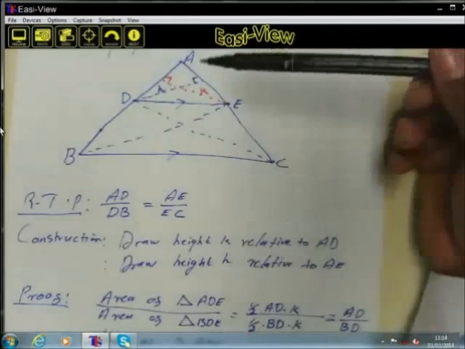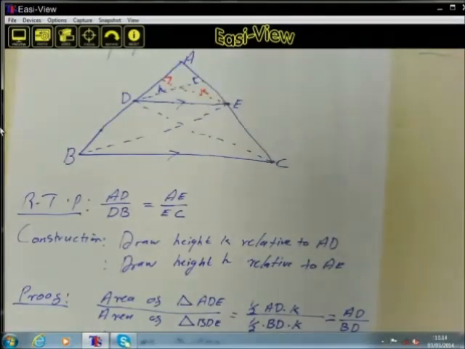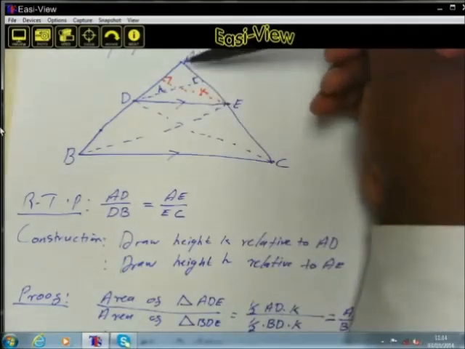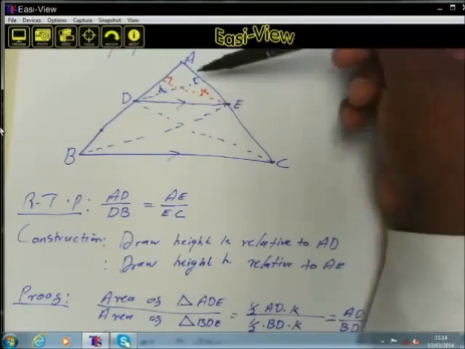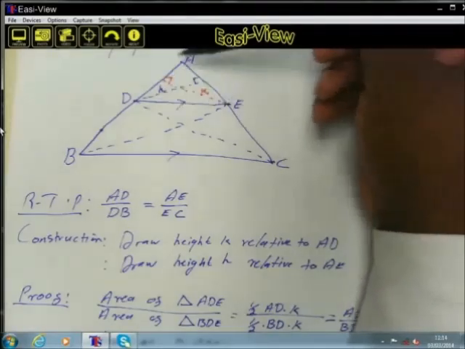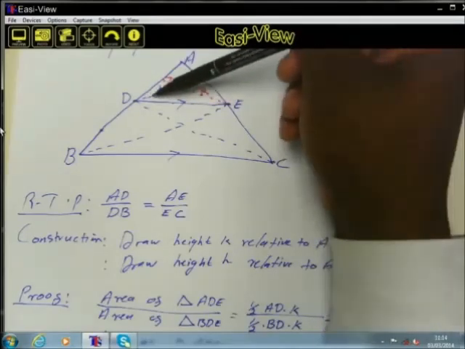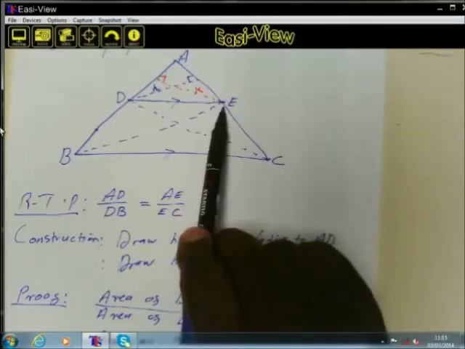Check the diagram, triangle ADE. Now we choose our base as AE. So the area of triangle ADE will be half base, our base is AE, times height. Height in this case will be H, because H is the one that is perpendicular to AE.